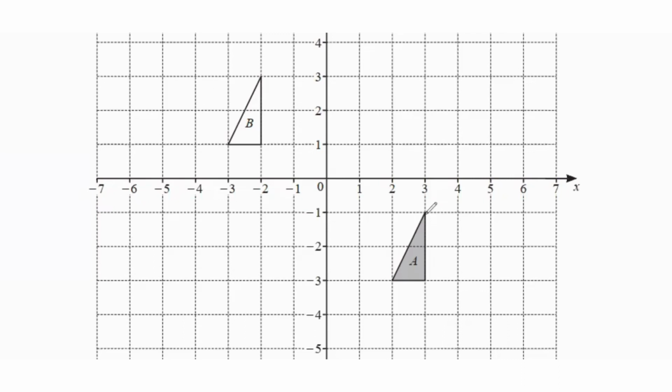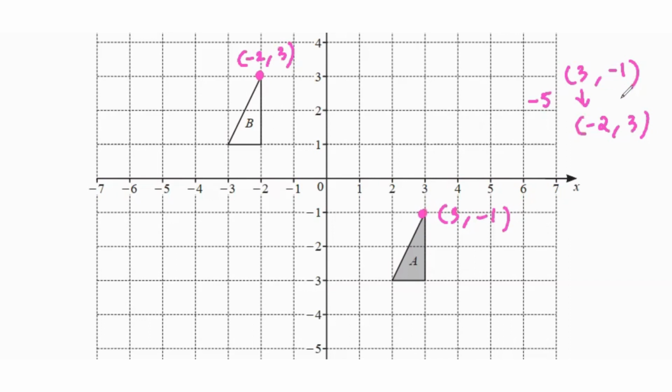So pick a point from shape A and pick the same point from shape B. This point has the coordinates of 3, negative 1, and this one has the coordinates of negative 2, 3. So if we compare the 2 points, 3, negative 1 and negative 2, 3: for 3 to become negative 2, we are subtracting 5.